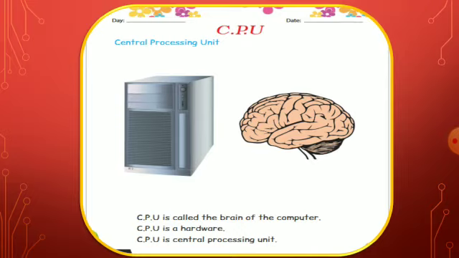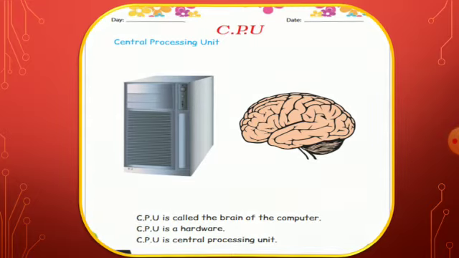So we have learned three things about CPU. CPU is the central processing unit, CPU is called the brain of the computer, and CPU is hardware. Okay, little learners?